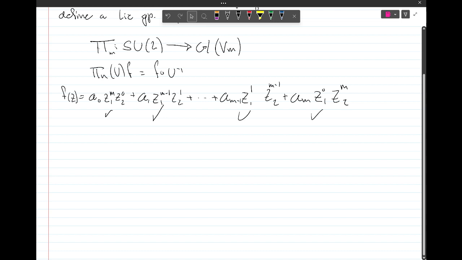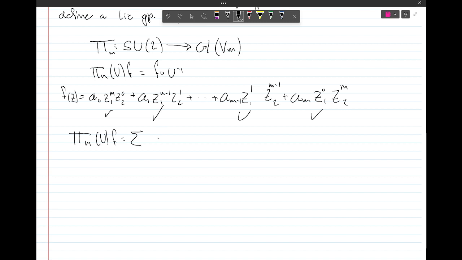Okay, so we will briefly show that pi m is in fact a Lie group homomorphism. Clearly smooth, but to show that it has the algebraic properties, through direct computation, we see that we still have a homogeneous polynomial.